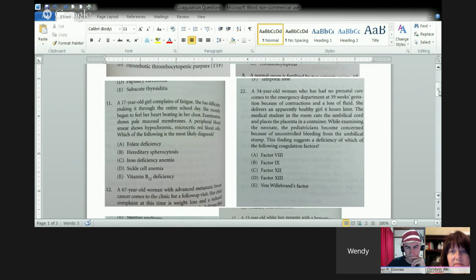Where clotting factors are involved, that's bleeding into actual tissue. So they usually talk about getting blood in the joints. They had some sort of interaction, and now they have hemarthrosis, or they could have a hematoma.